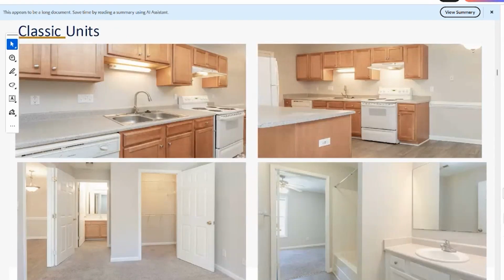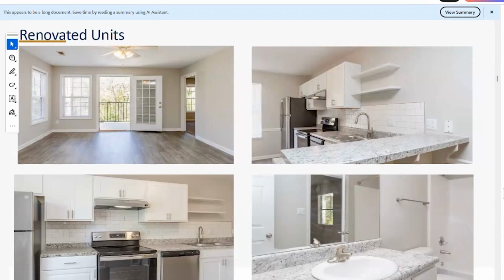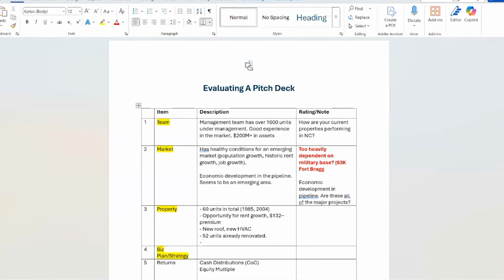So you can see the potential for rent growth. How much can we charge for a classic unit versus how much we could charge for a renovated unit? This is the opportunity that we're looking for. And this pitch deck is doing a good job of explaining. Of course, they would explain these things during the live presentation, but just from looking at the pitch deck, clear renovation strategy.